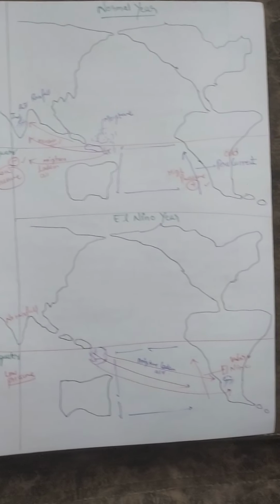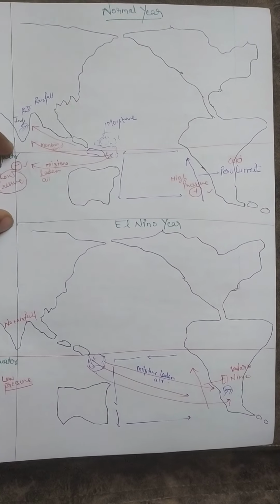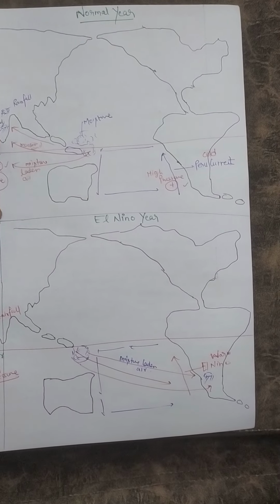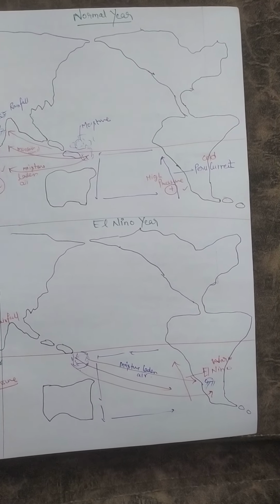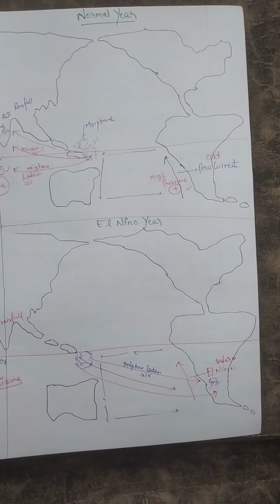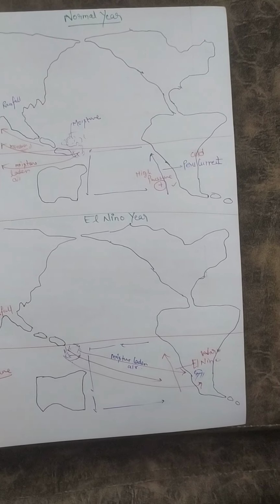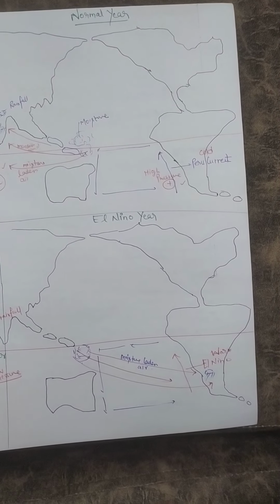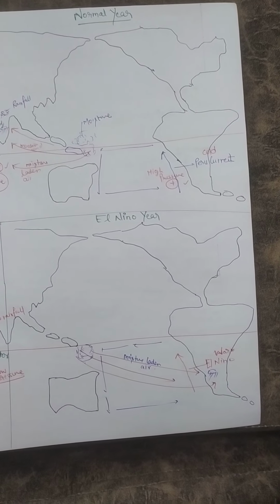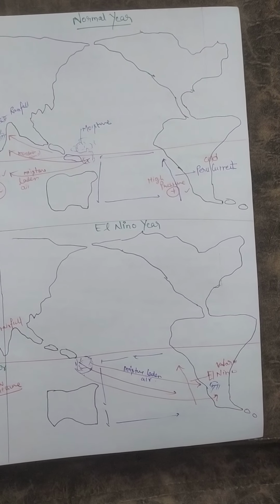And most importantly, in the Indian Ocean, due to high temperature, a low pressure is found here. And as we know, any liquid, air, gas moves from high pressure to low pressure.